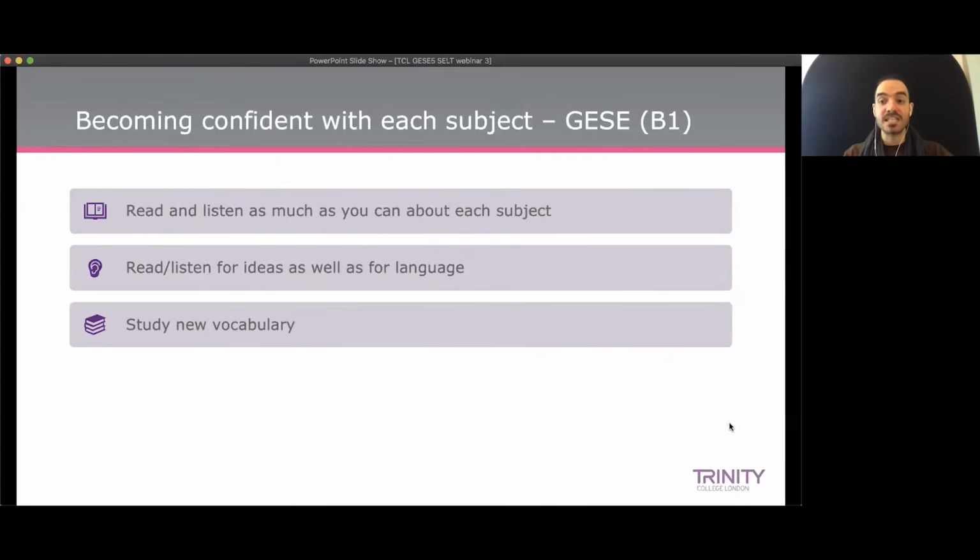So study new vocabulary actively. Give yourself a goal. It could be anything. It could be 5 new vocabulary items every day. Write them down, look at them, study them, use them.